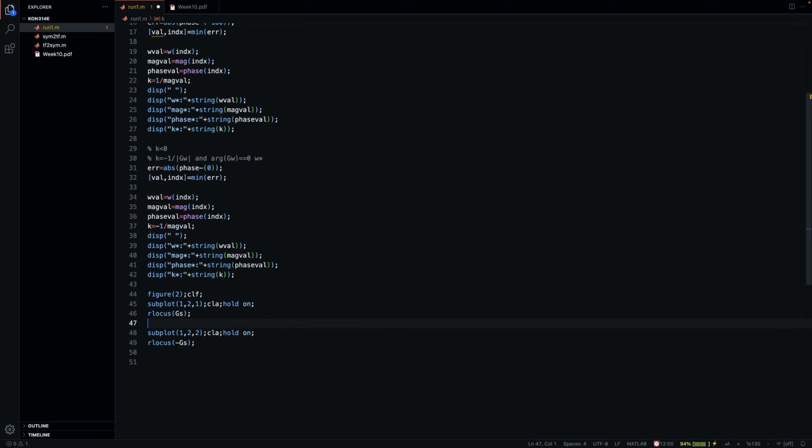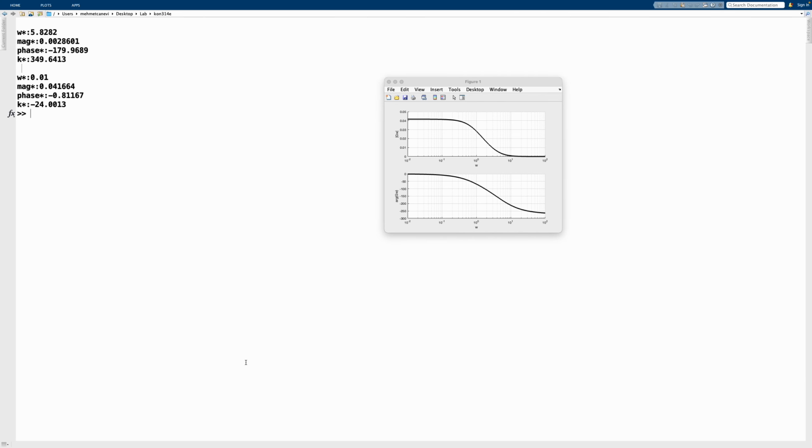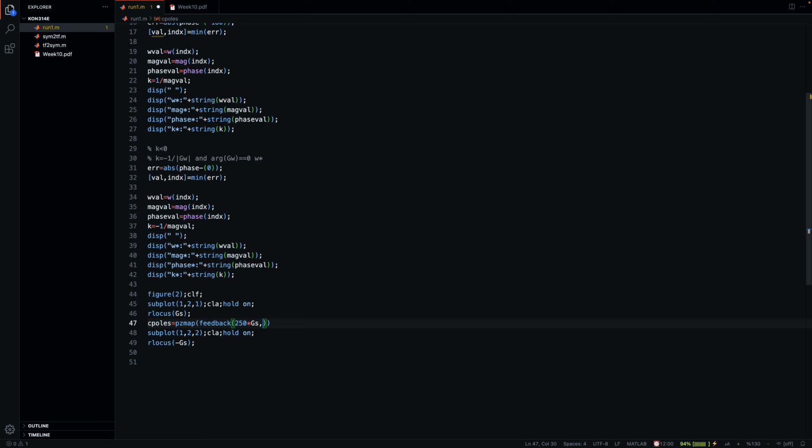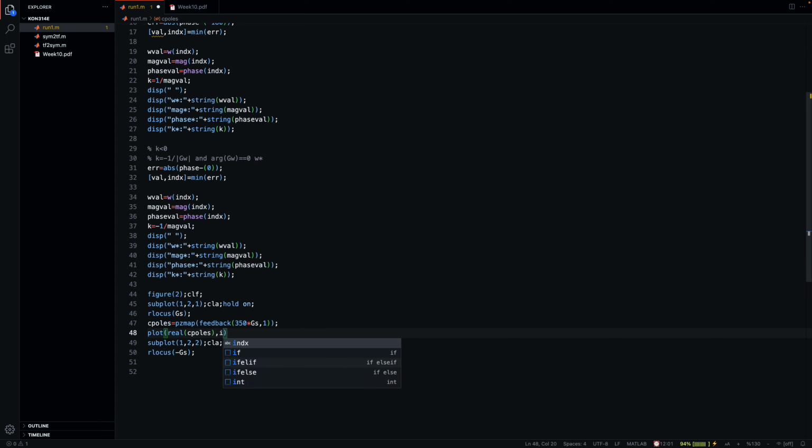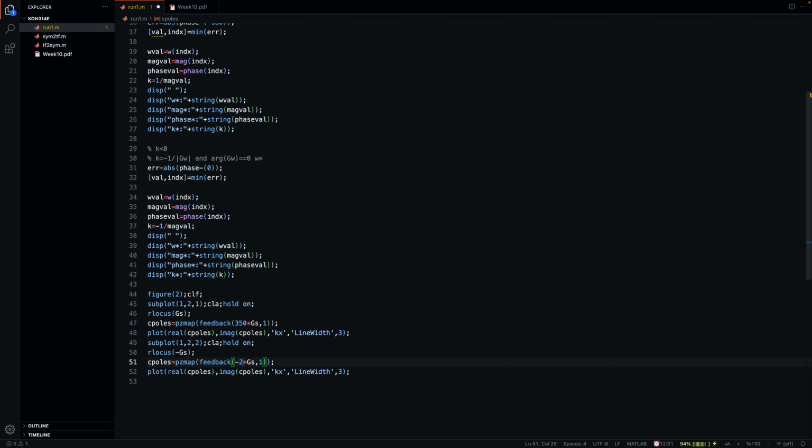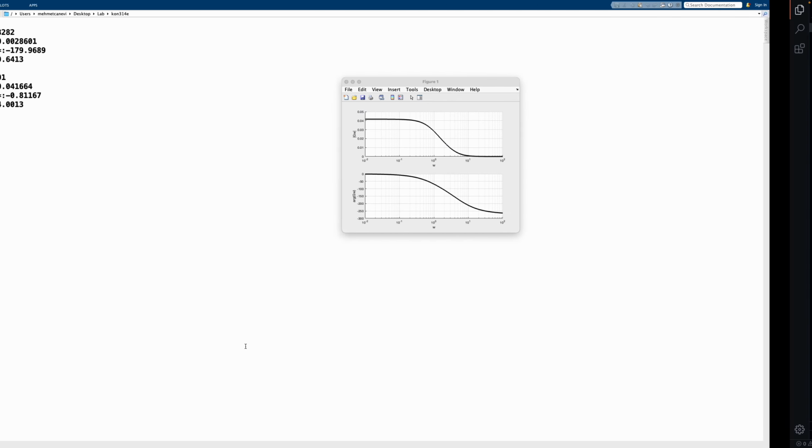We're interested in the poles, so let's take 350 times gs, 1. Real c-poles, imaginary c-poles, and then negative 24 should be basically the next one here.